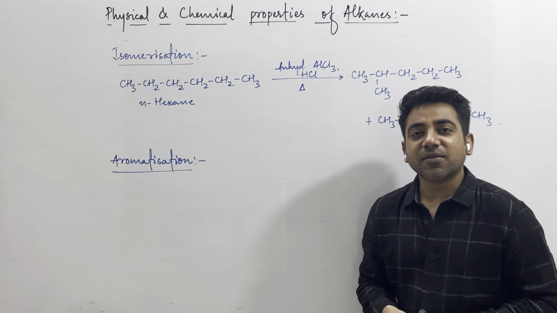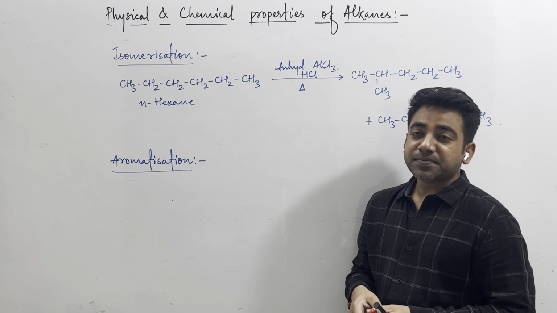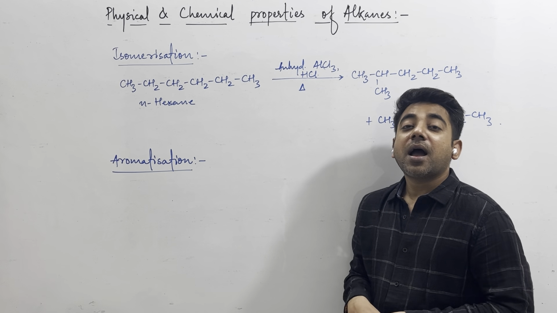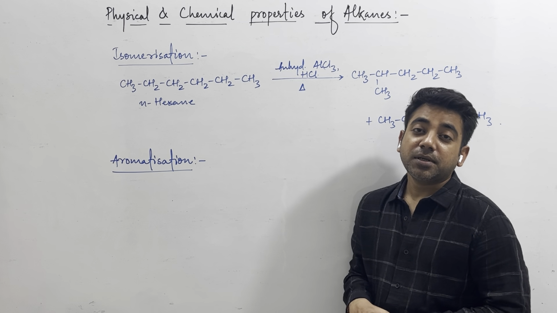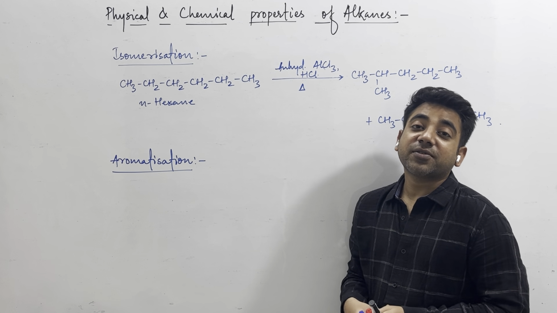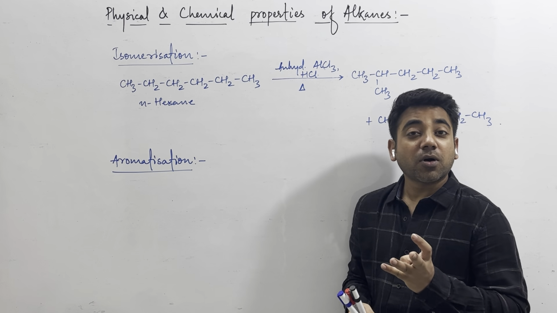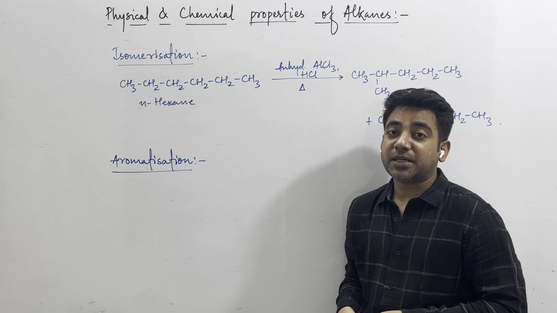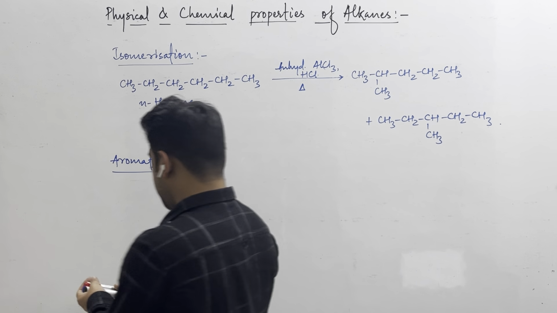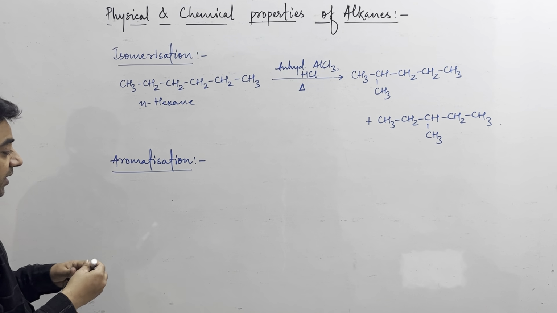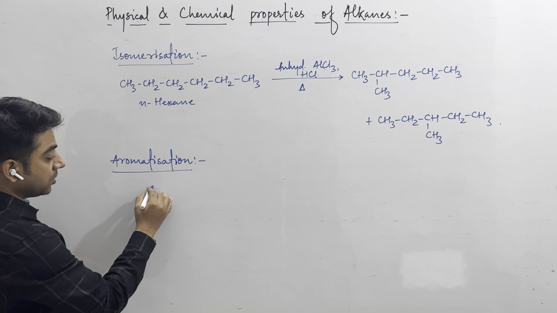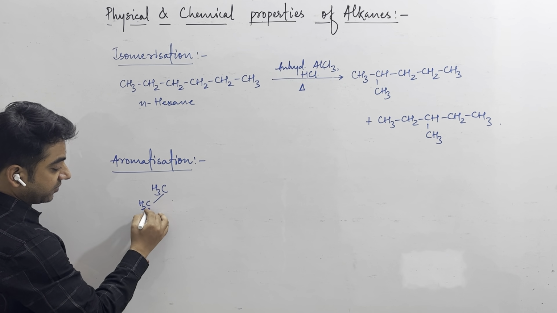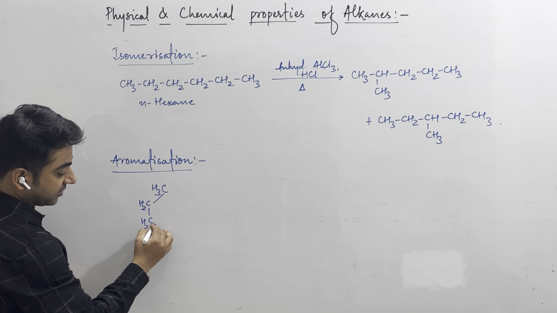So when an alkane has 6 or more carbon atoms, it undergoes cyclization and dehydrogenation when heated in presence of catalysts like chromic oxide, molybdenum oxide or vanadium pentoxide. If I write the reaction for it, first I can show this alkane with 6 carbon atoms, normal hexane only.